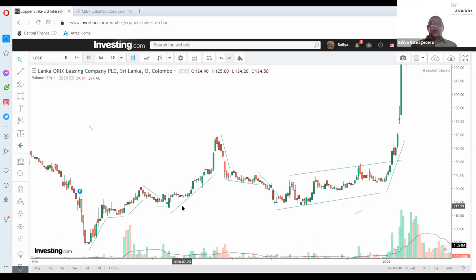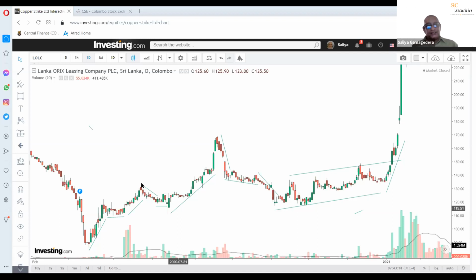Another thing that we need to educate ourselves is that at every given support and resistance level, there needs to be a breakout. It can be either from the resistance, or it can be from the support. Until that breakout takes place, we do not consider that the trend is either continuing or reversing.